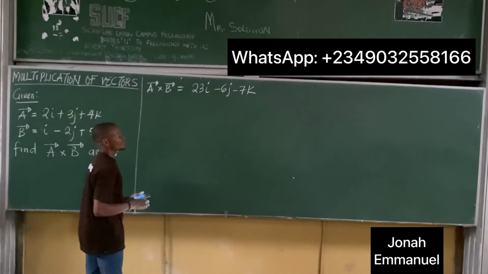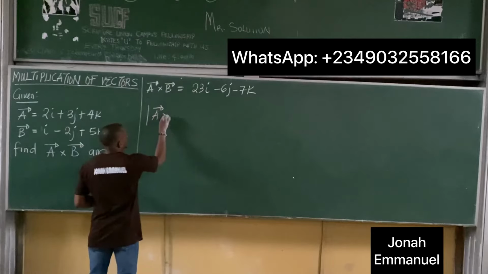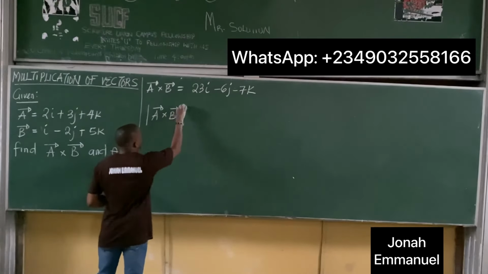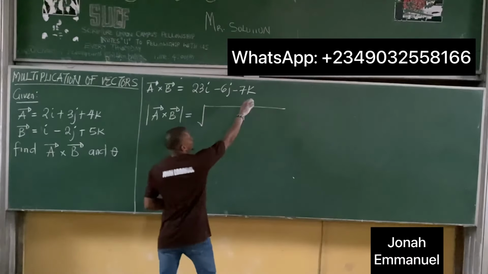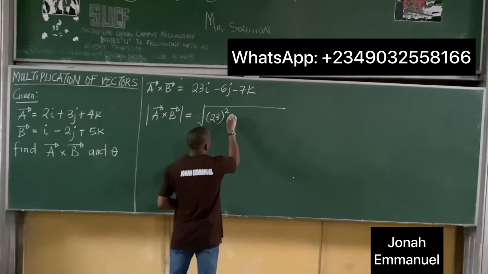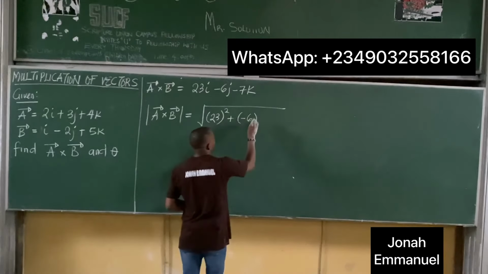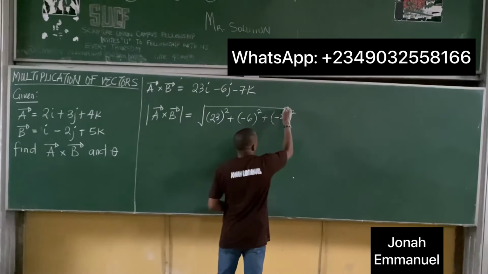So the magnitude of the cross product becomes the magnitude of A plus B, and that's equal to the square root of each of these terms squared: 23 squared, plus minus 6 all squared, plus minus 7 all squared.